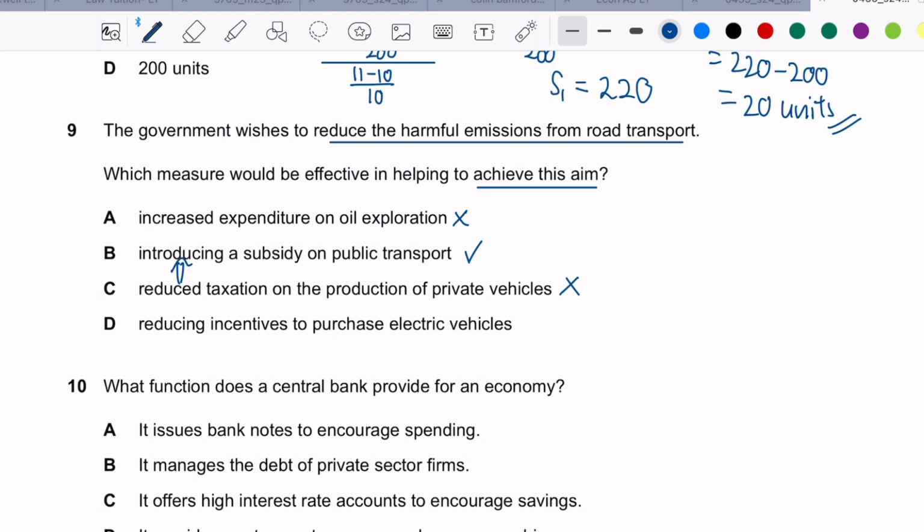Reducing incentive to purchase electric vehicles. No, you should increase incentives. And for A, you should reduce expenditure on oil exploration. So why is B the answer? Because when you introduce a subsidy, you can create an incentive for people to use public transport because it is now more economical. So B is the answer.